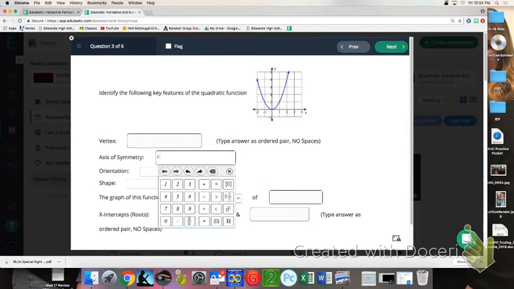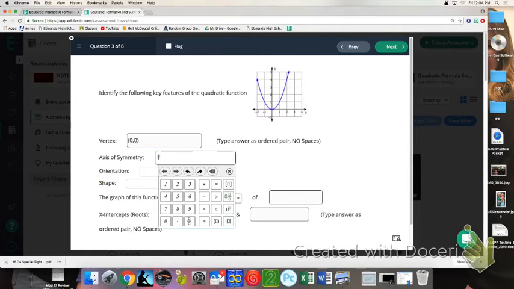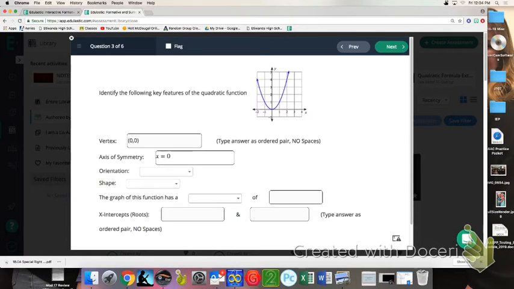You guys already going ahead? Probably. What's my vertex here? 0, 0. What's my axis of symmetry? It's not 0. X equals 0. If you don't give that x equals, it will be marked wrong. Orientation? Up.